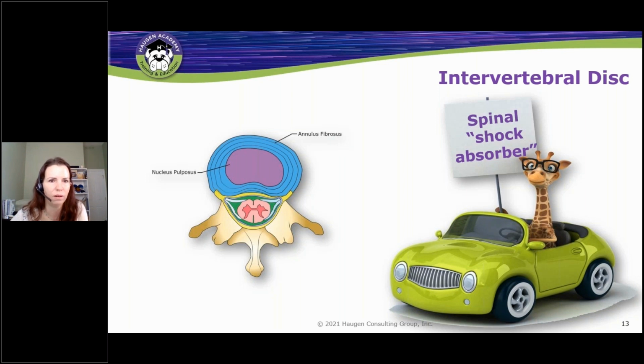There's the outer part, which is the annulus fibrosus ring, and then there's the inner, the nucleus pulposus. And again, this is a very important piece of your spinal column, as it just keeps the vertebra and everything cushioned and no impingement on your nerves. And when things go wrong with these, as Christy will talk about later, it can cause a lot of pain and problems.